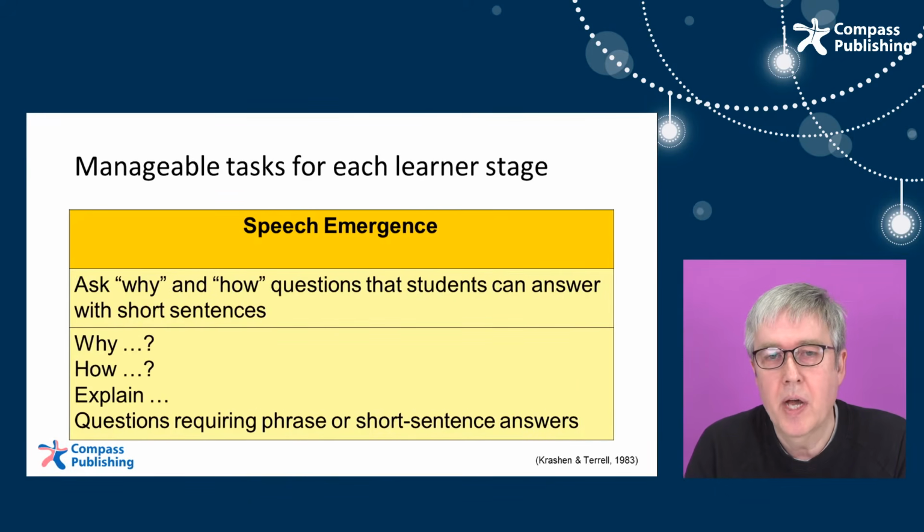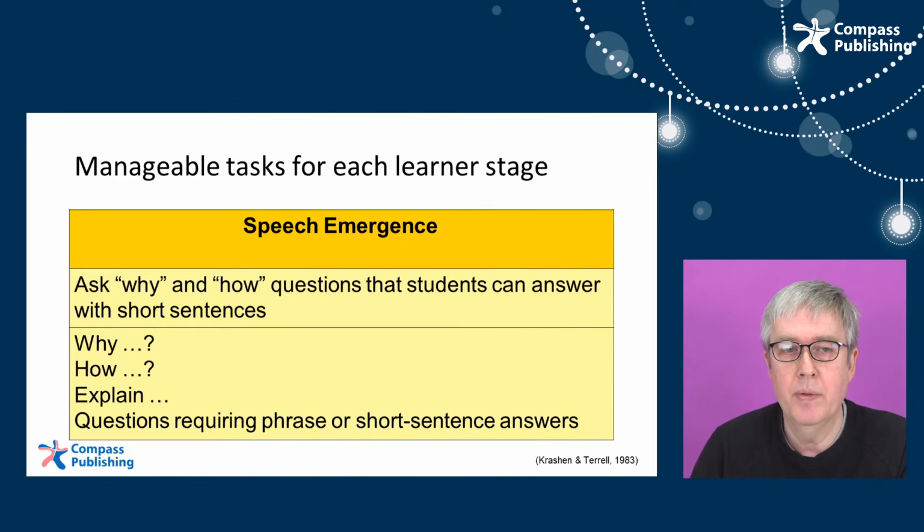Those are the kinds of questions we should ask for students who have been studying for about a year. We can ask how and why questions, things that students can answer with short sentences, where they're explaining or giving reasons.